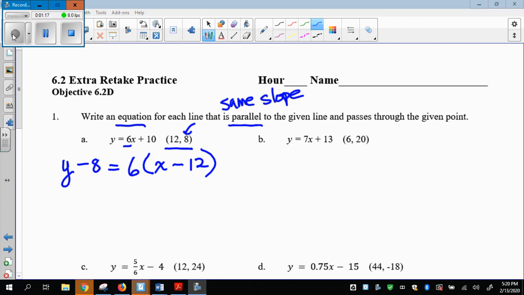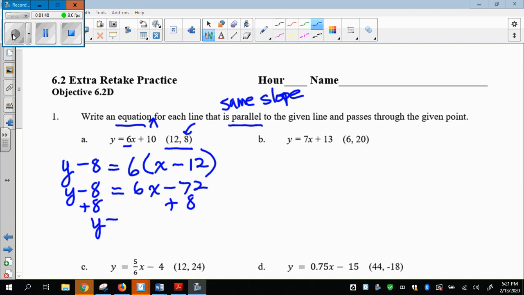All right, and you could actually change this into slope-intercept form. If it said write an equation in slope-intercept form, I could quickly just change this to slope-intercept form by getting rid of the parentheses, and then adding 8 to both sides.